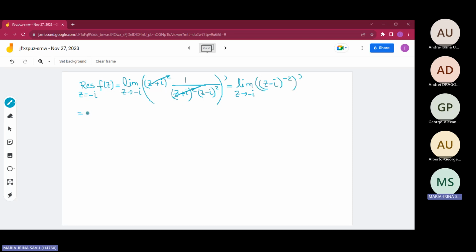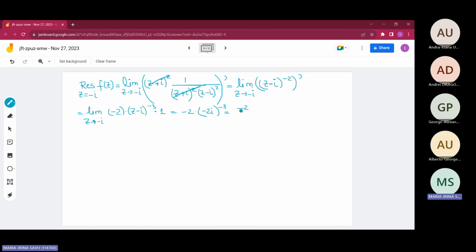And the derivative of this function is minus 2 times z minus i at minus 3 times the derivative of z minus i. So I have minus 2 times minus 2i at minus 3.